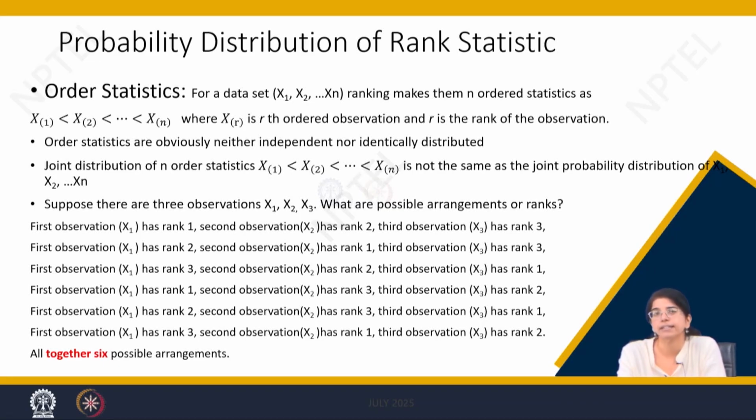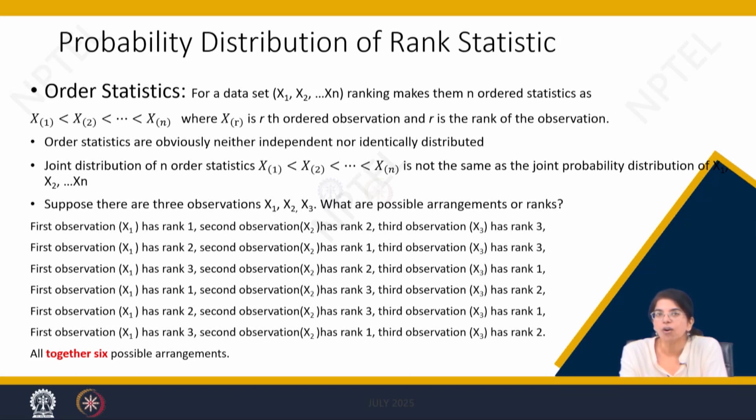Have you seen that ranked observations are generally written as x bracket 1, x bracket 2, x bracket n, and this bracket terminology is called the ordered observation. When I write x bracket r, I am pointing to the rth order observation, and that r is the rank of the observation.